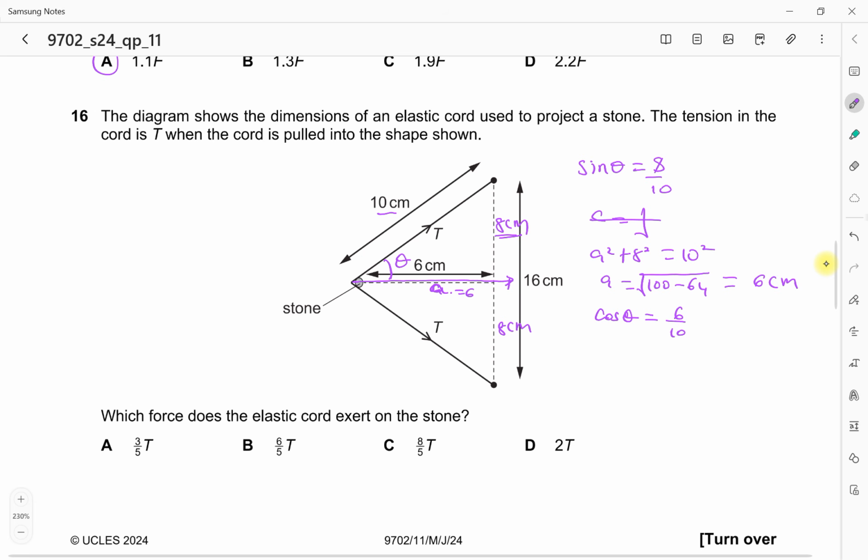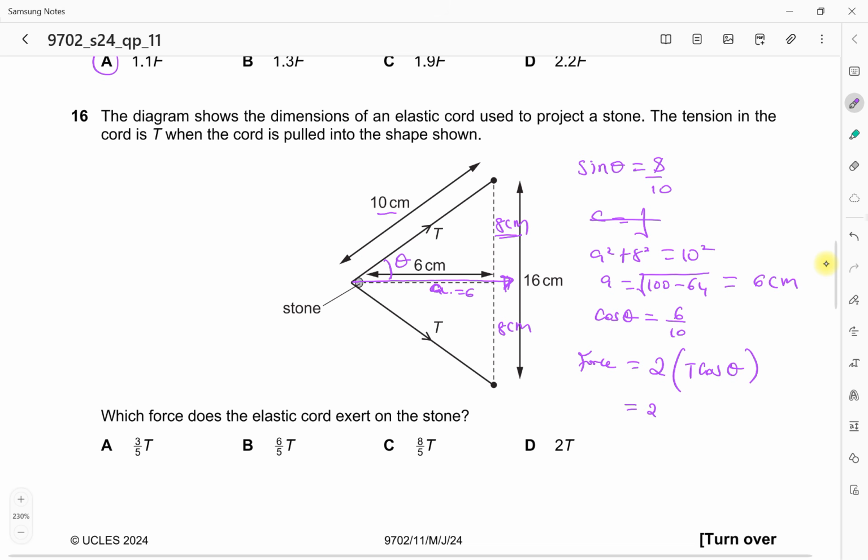So the stone moves in this direction here. Resolving T to the horizontal, the force we are looking for is going to be 2 times T cos theta, because the tension in the upper part is T cos theta and the tension in the bottom part is T cos theta. That's why I've multiplied by 2.